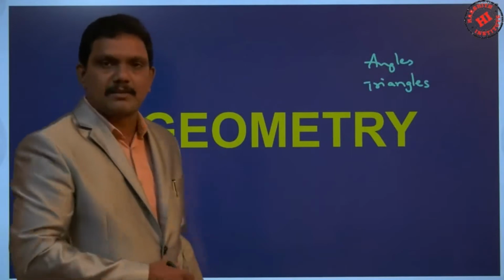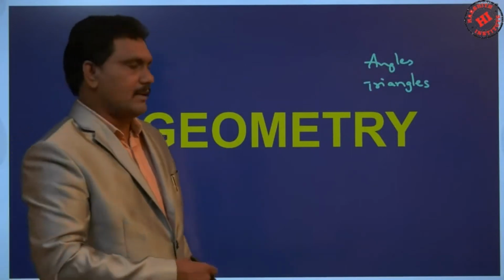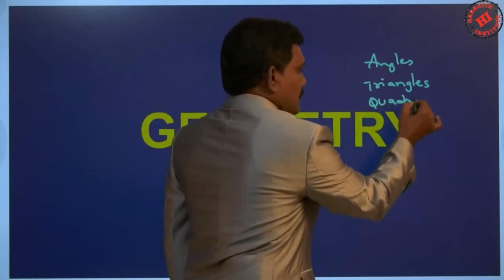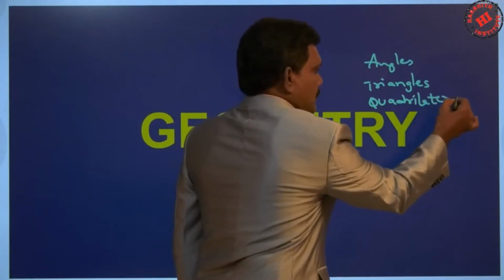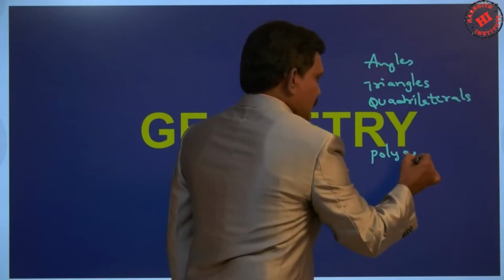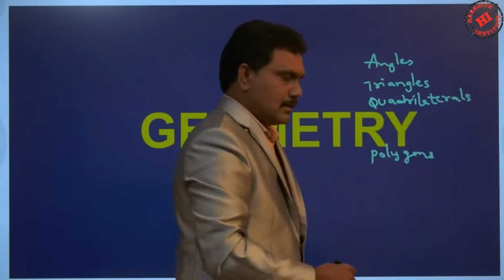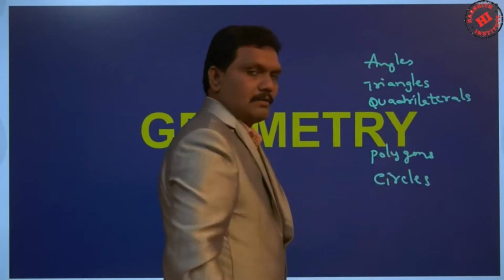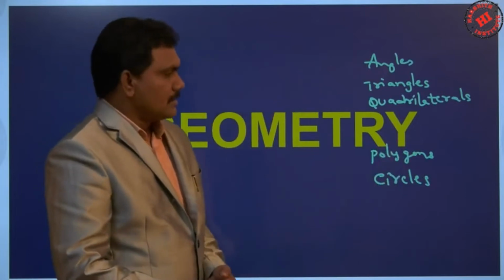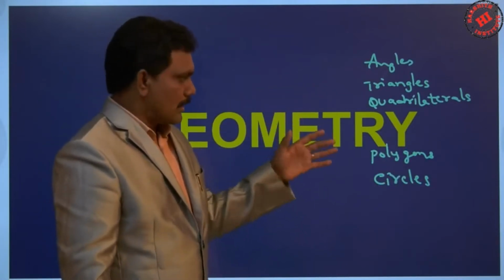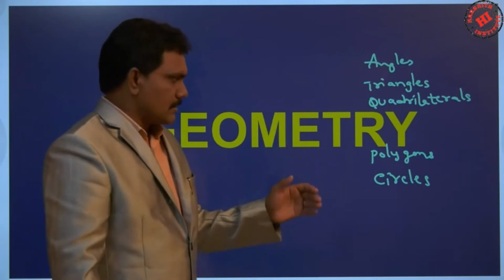We are going to practice on the triangles only. Later on, quadrilaterals, followed by polygons and circles. So all these are the parts of geometry: angles, triangles, quadrilaterals, polygons, circles.